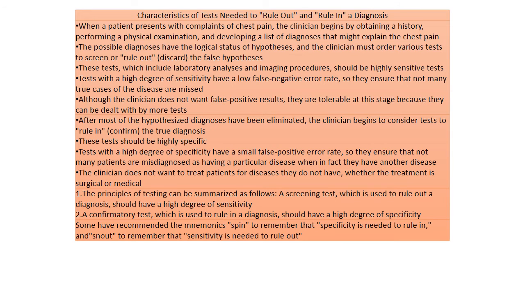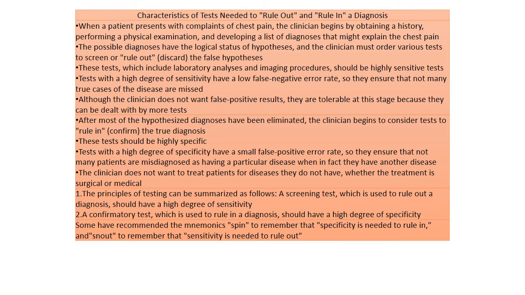Initially, you're always going to do your history and physical exam, and you start to develop a list based on that of what could explain the chest pain. Is it just musculoskeletal pain? Is it angina? Is it PE? You start to come up with this list of hypotheses. Based off that, you're going to want to do these early screening tests to try to rule out false hypotheses, right? So you can start to discard them.